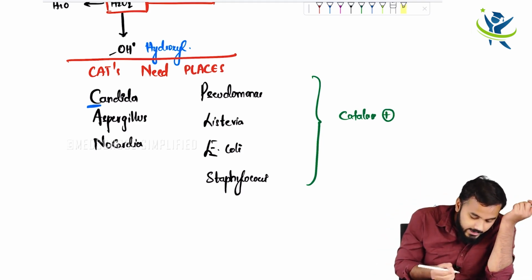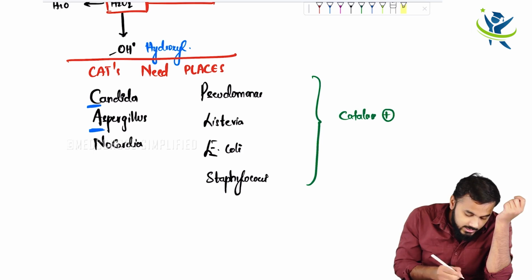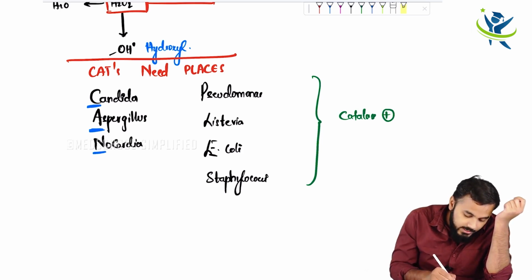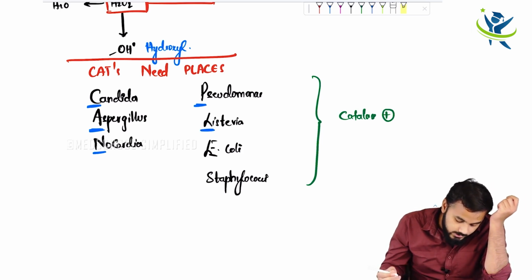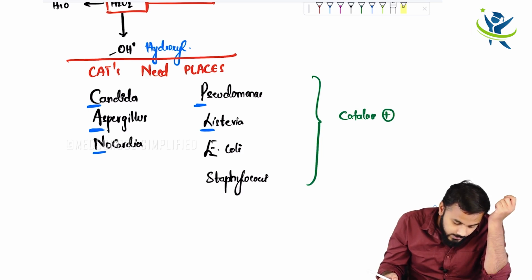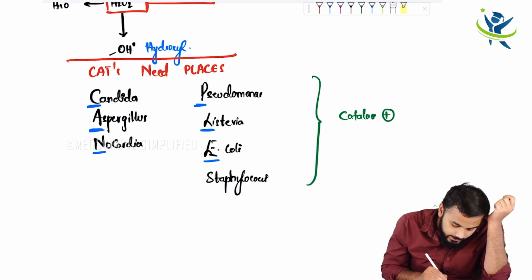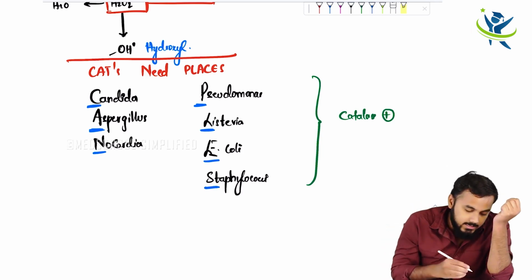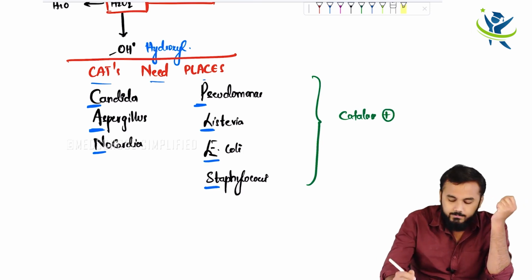C stands for Candida, A stands for Aspergillus, N stands for Nocardia, P stands for Pseudomonas, L stands for Listeria, C, there is no second C, cool, E stands for E. coli and S stands for Staphylococci. So cats need places to live, right?